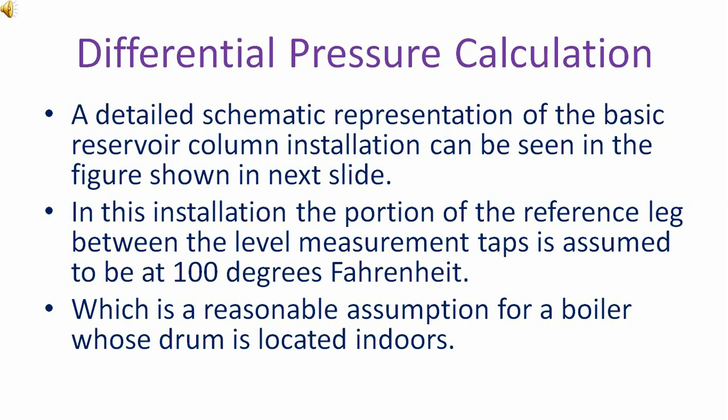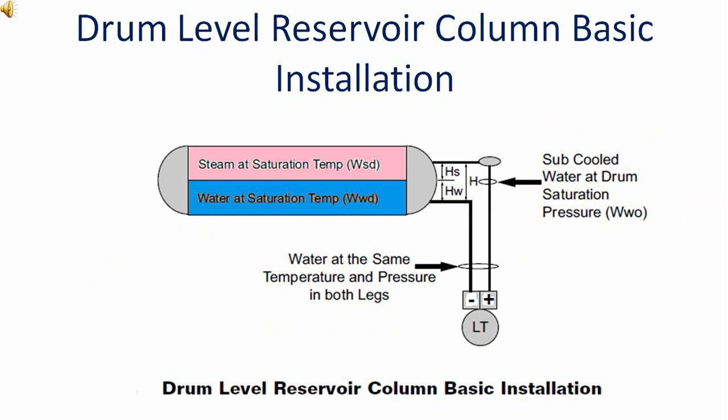In this installation, the portion of the reference leg between the level measurement taps is assumed to be at 100 degrees Fahrenheit, which is a reasonable assumption for a boiler whose drum is located indoors. Here is the drum level reservoir column basic installation.